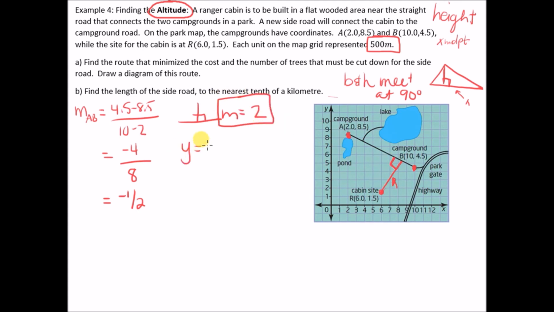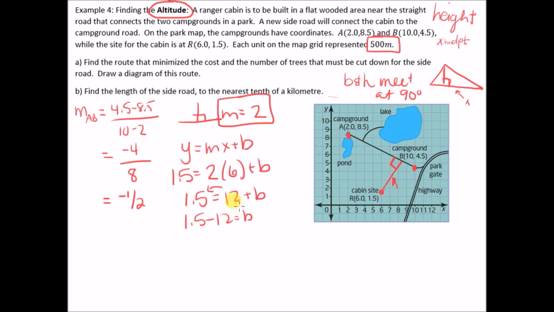Now let's just solve y equals mx plus b. Let's sub in that 2 and then the point 6 comma 1.5. Okay, so I get 1.5 equals 12 plus b. Bring that over. 1.5 minus 12 equals b.